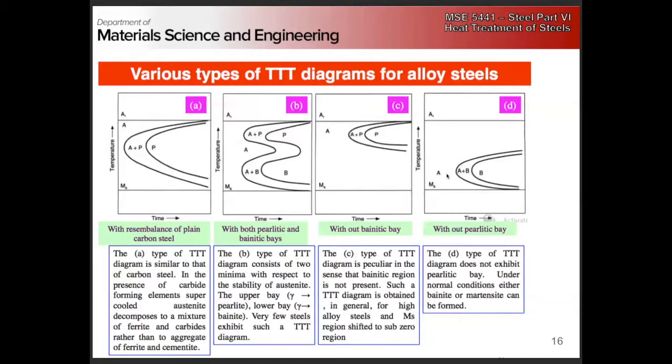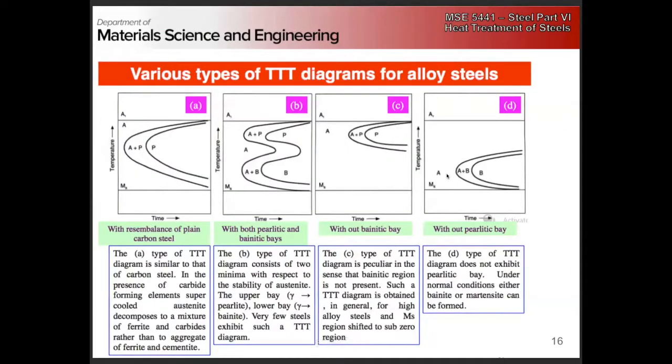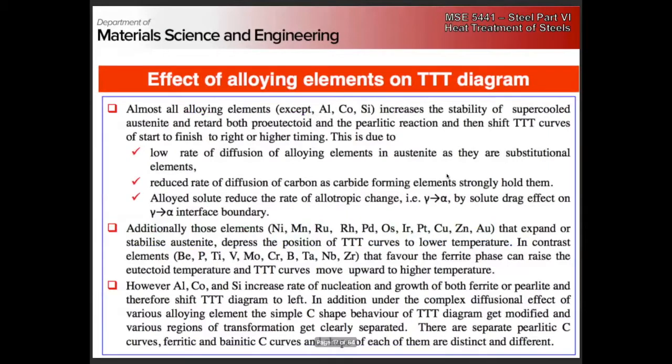Here's just 4 different schematics of TTT diagrams for alloying steels. So what alloying elements are going to give you these different regions? Which elements are going to push which reactions which way?